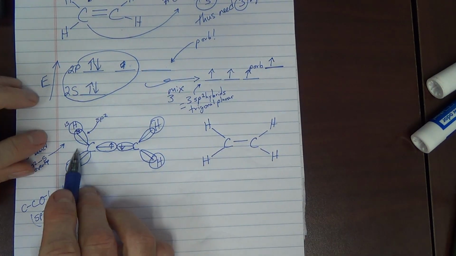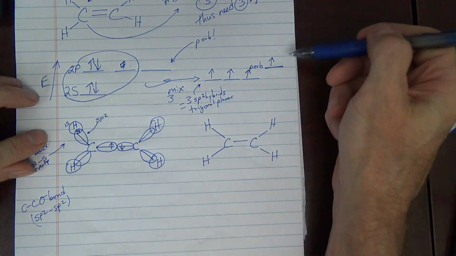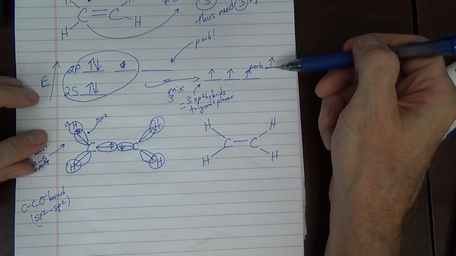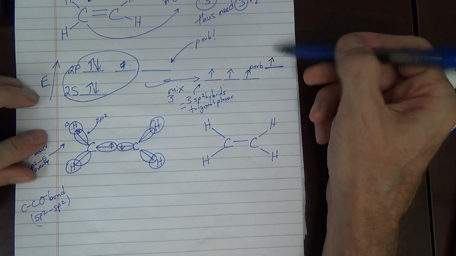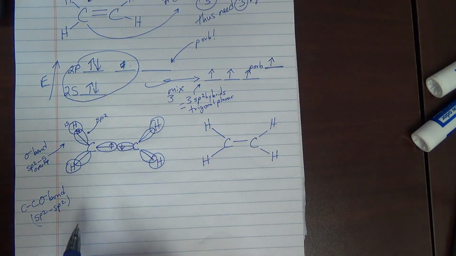Well, we showed the 3 hybrids around the carbon. What else is there? A p orbital. The p orbital is not a hybrid, it's a regular p orbital. How is it positioned according to these? It's actually perpendicular to that plane.